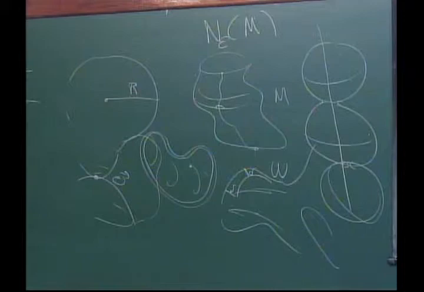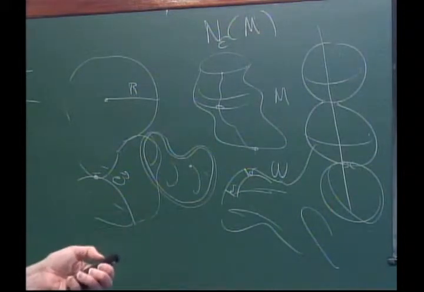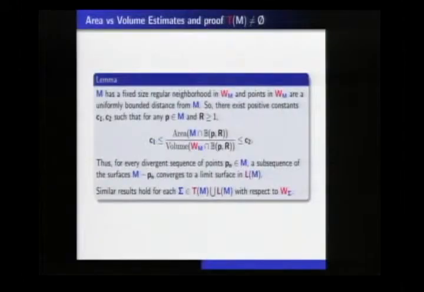So if you take a point on the surface, and you look at an ambient ball centered at that point, you can't have very much area in it. This is going to be a definite number. The area is locally bounded. So one consequence of having a regular neighborhood on the mean convex side is that you have local area estimates.